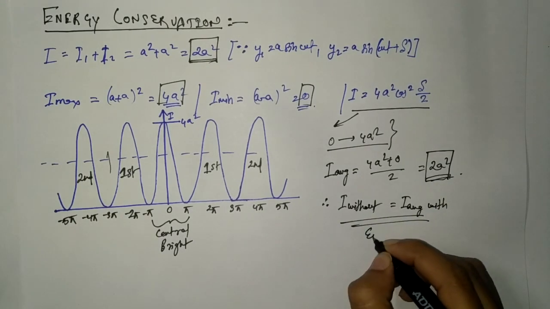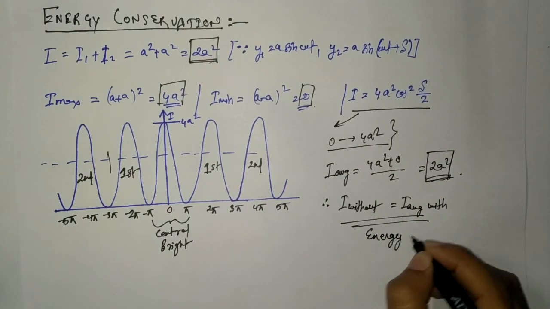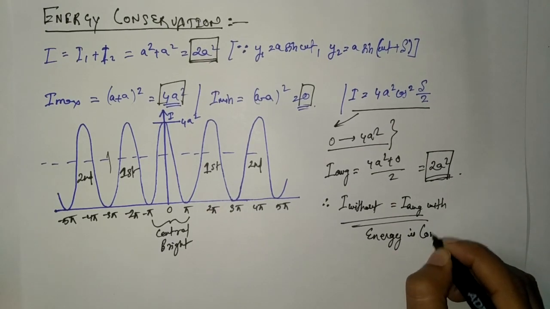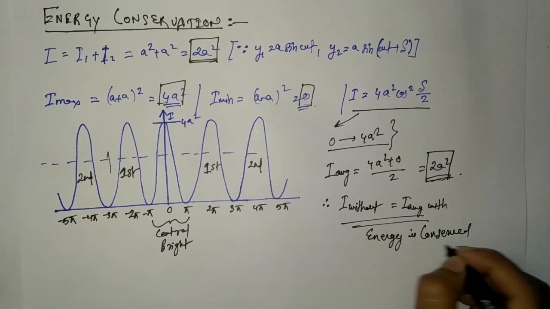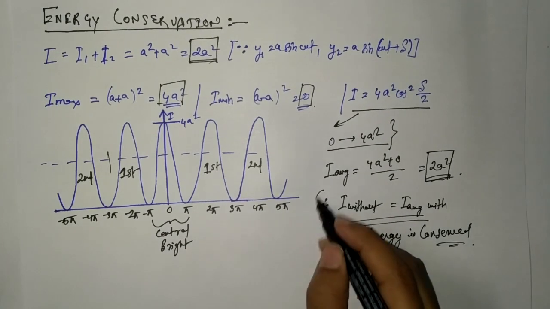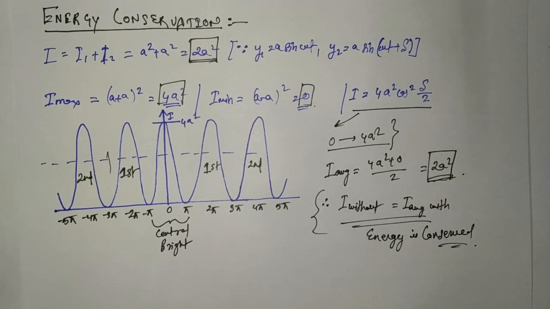Therefore, we can say energy is conserved in interference pattern. That is, energy neither gets created nor gets destroyed due to the formation of interference pattern.